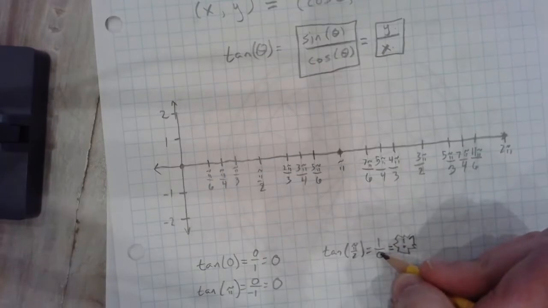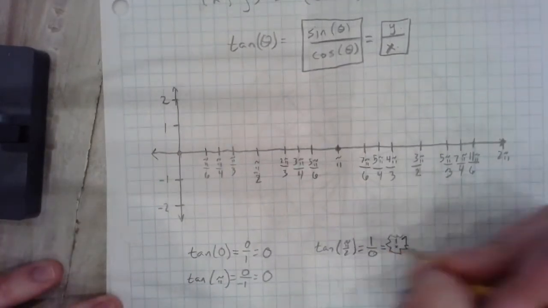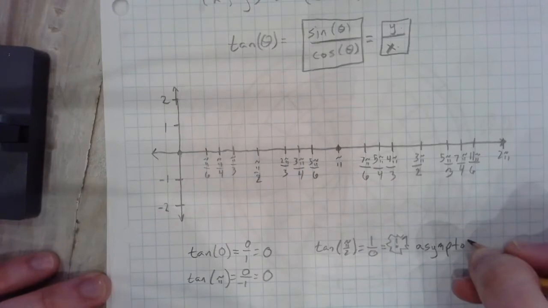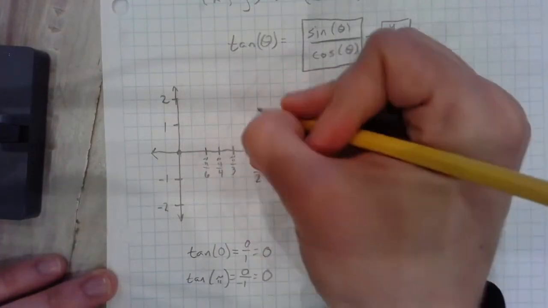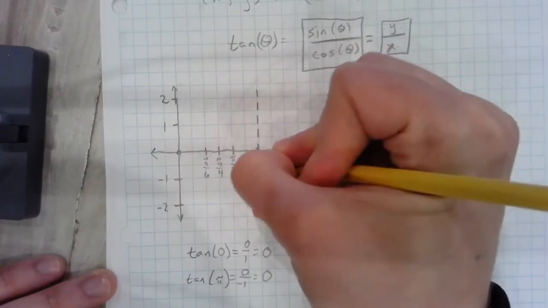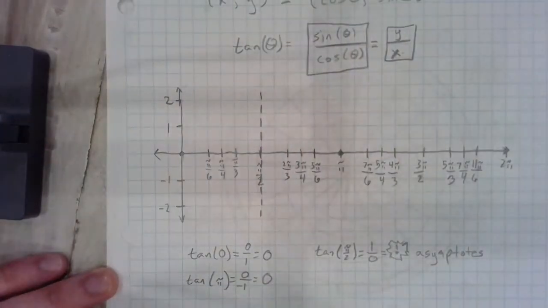So in other words, what it ends up creating is an infinite number of x values, that is angle measures, that are impossible. Therefore, they become asymptotes. So at pi over 2, I want you to draw an invisible line like that.